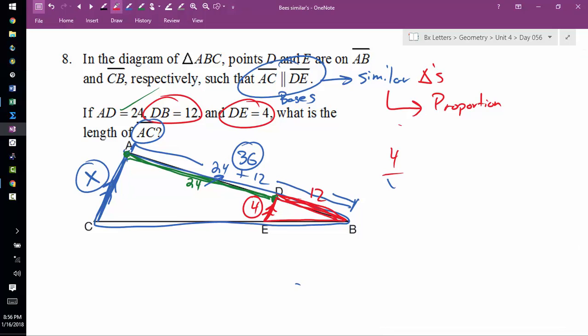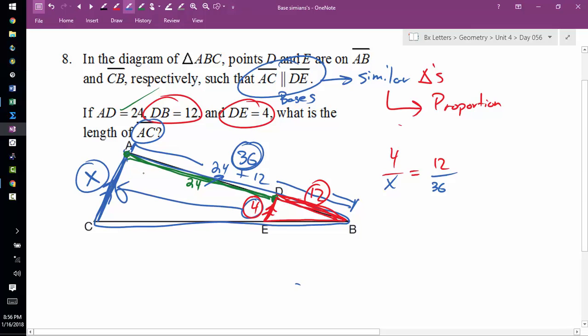So when we fill in our fraction, something from the red triangle, the small one, on top, divided by the corresponding piece of the bigger blue triangle, 36 on the bottom. Just like base of the small to the base of the big, this side on top to the side on top. This is an accurate proportion.